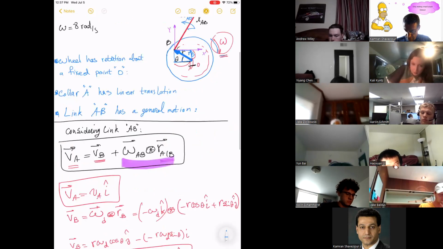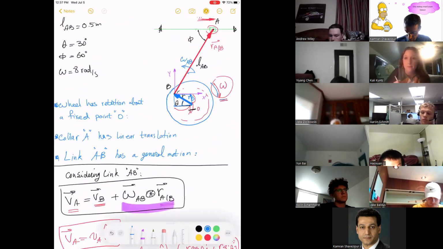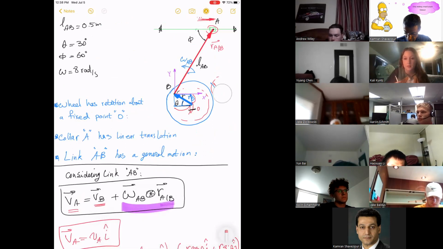Look at this big red vector. If I divide it into X and Y, let me get rid of some of this information that we don't need here. This is going to be its X component. This is going to be its Y component.